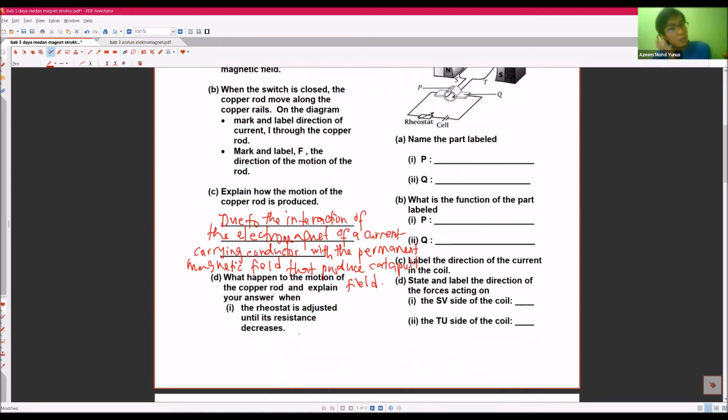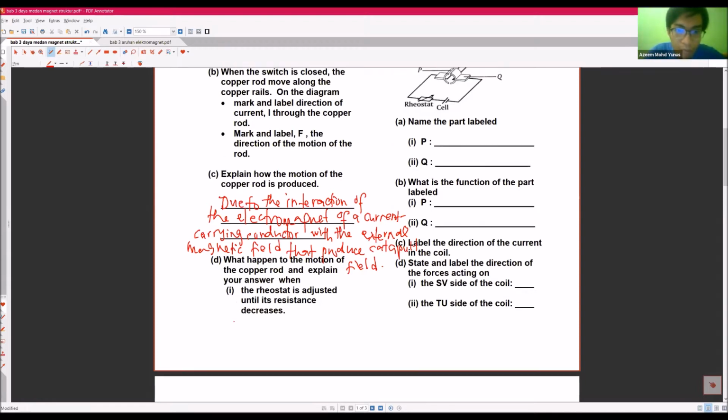So that is how the motion is produced: due to the catapult field by interaction of the current-carrying conductor and the external magnetic field.